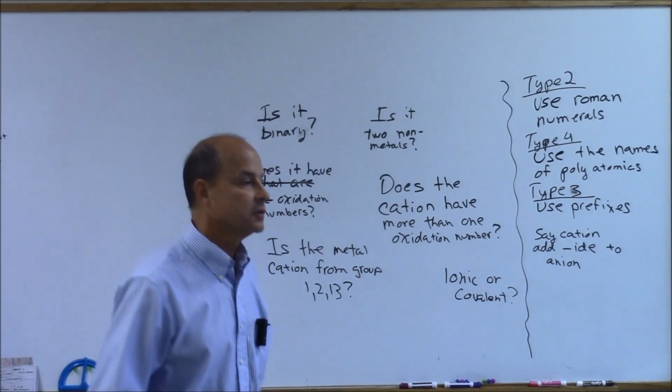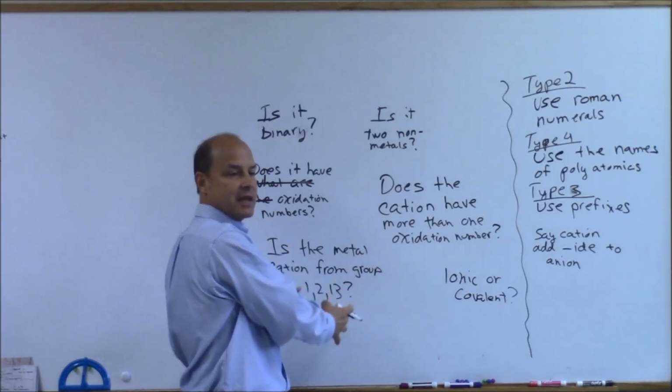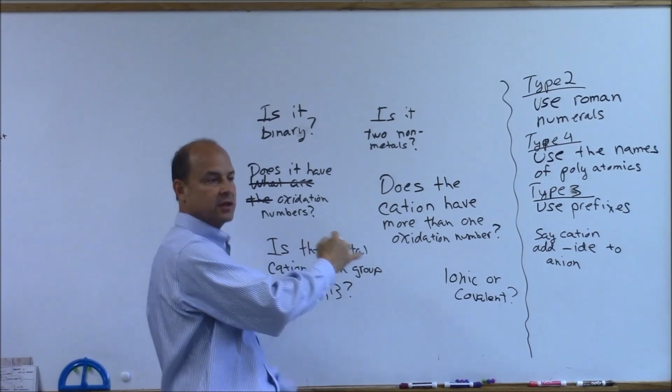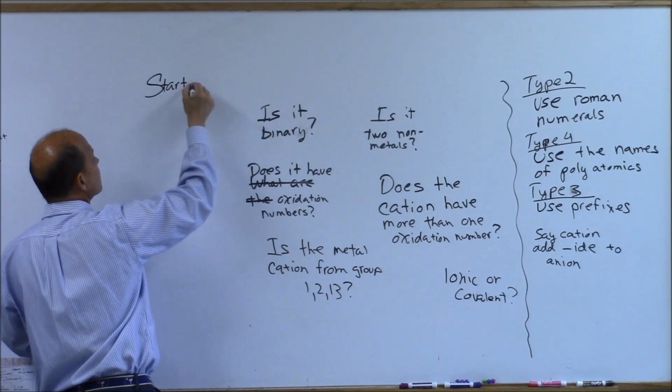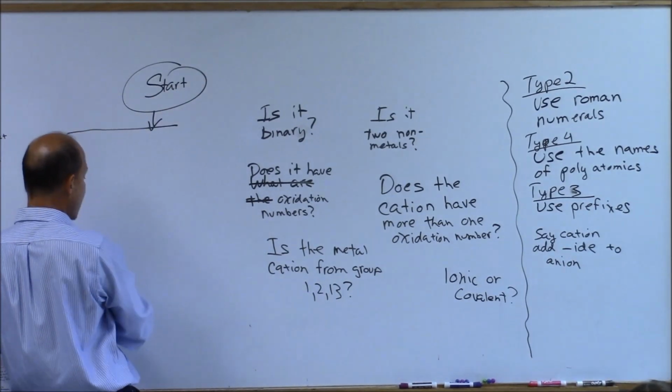Here's the hard part. Taking these questions, making diamonds out of them with yes-no paths in such a way where you start... I'm going to draw a big black box.